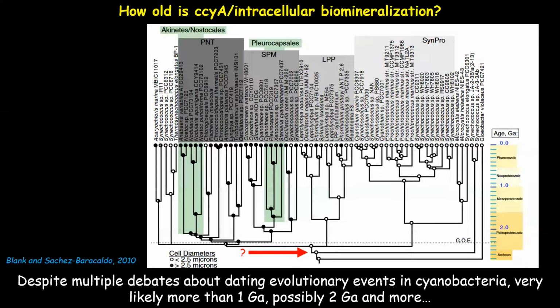When did it happen? We don't know. This is super debated. There are regularly some debates, but I just picked one study. There are many others giving different numbers. So they turn this tree this way, and in this way you have time.